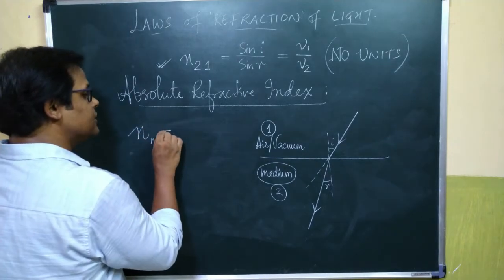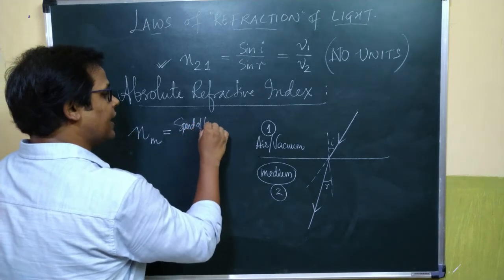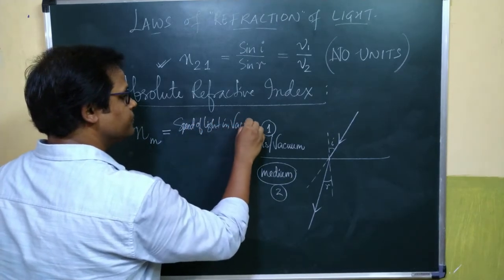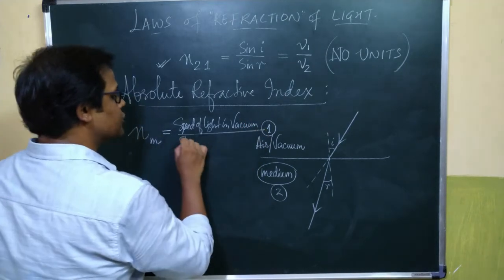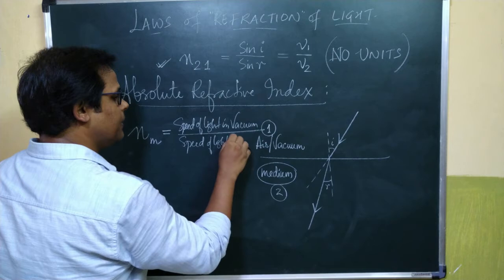So nm is equal to the speed of light in air or vacuum by the speed of light in the medium.